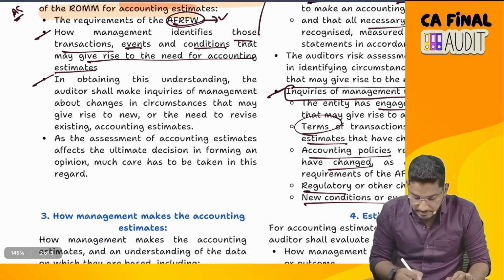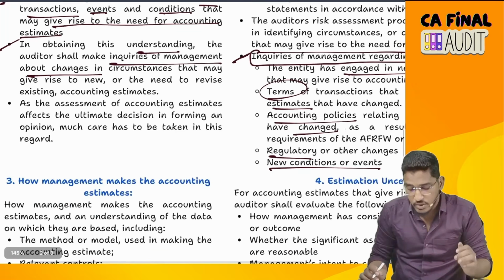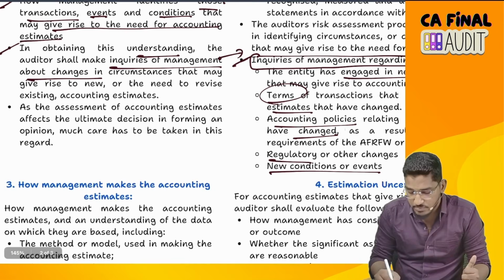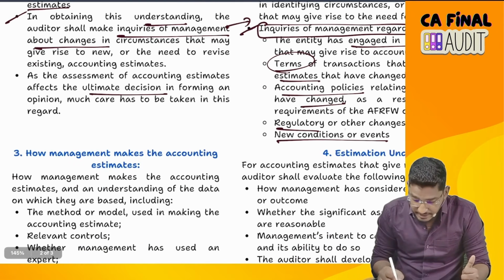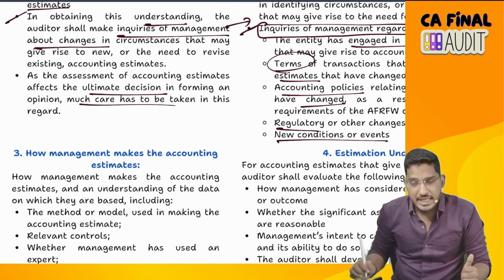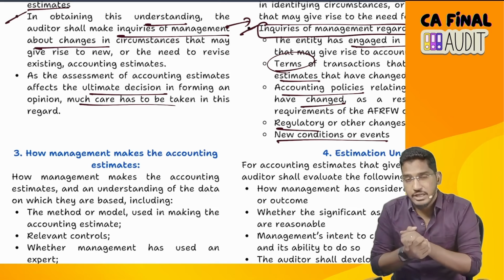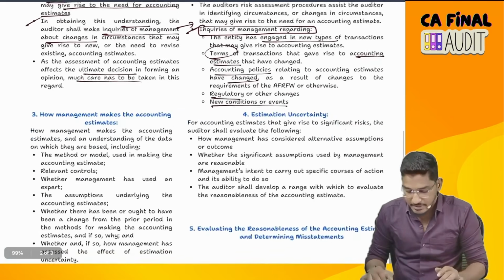Now coming to the third step, in obtaining this understanding, the auditor shall make inquiries of management about changes in circumstances that may give rise to new accounting estimates or the need to revise existing ones. This is just an extension of the same point. Then, in forming an opinion, much care has to be taken, since accounting estimates have a lot of impact on our opinion, so you have to take great care while obtaining audit evidence regarding accounting estimates.